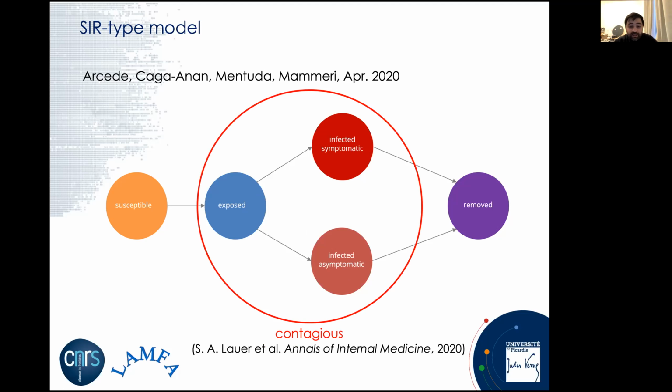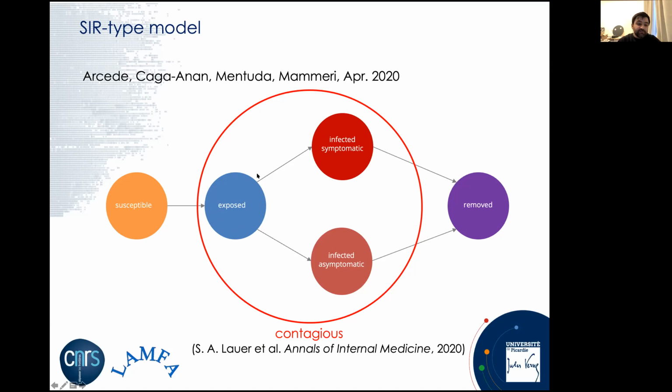Actually, it was confirmed by some papers in medicine. They show that indeed you have the symptomatic who are contagious, but you are already contagious when you are exposed to the disease, and also the asymptomatics are contagious.